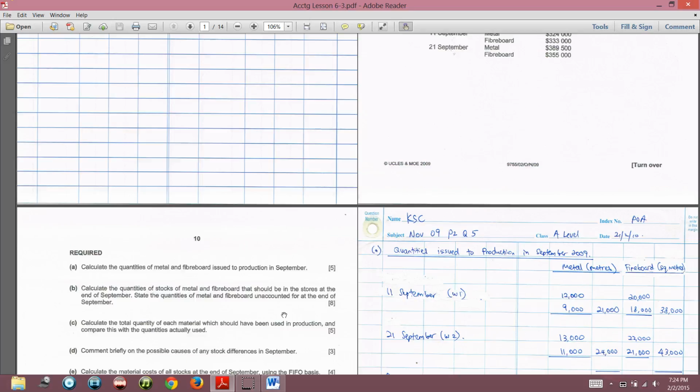And then there's another production department that is managed by a production manager. So the store manager and the production manager are two different persons. They will be in charge of their own department.